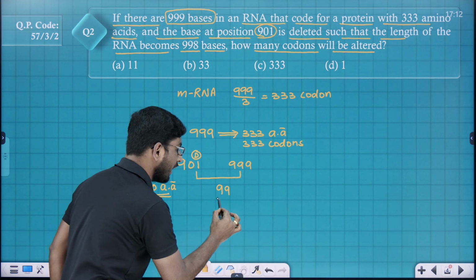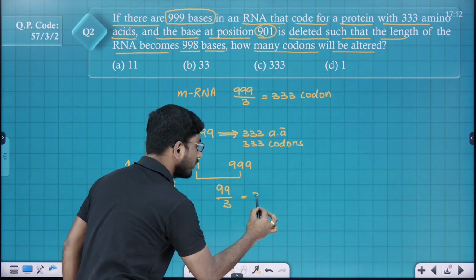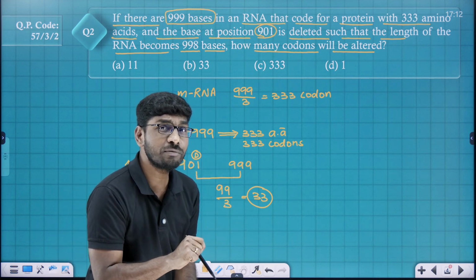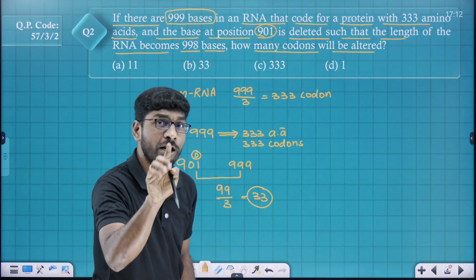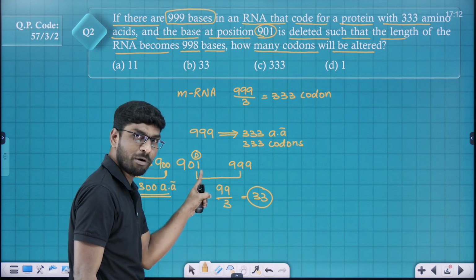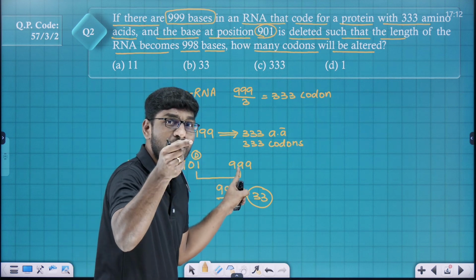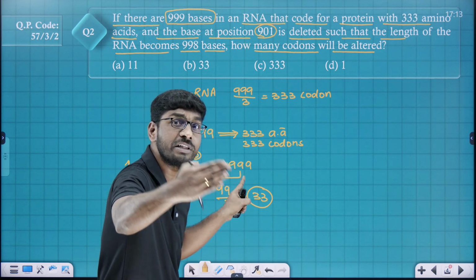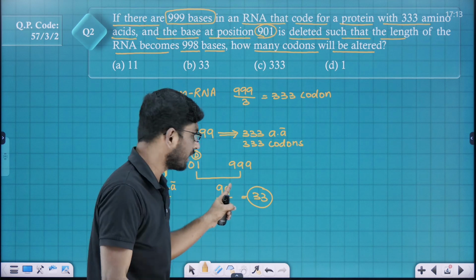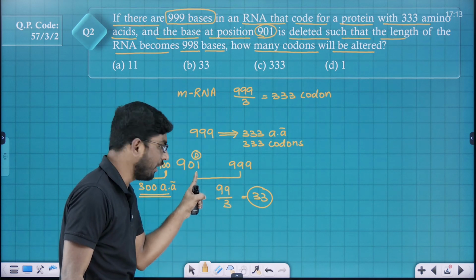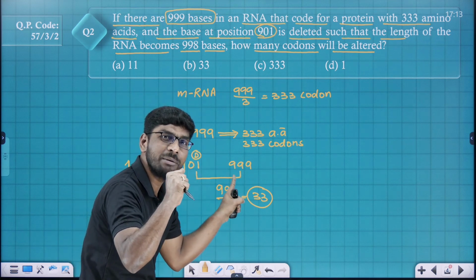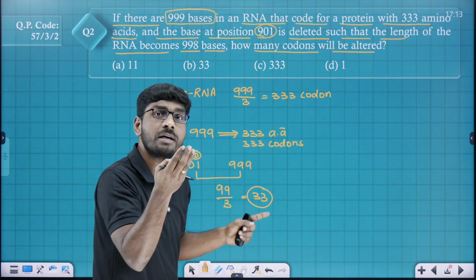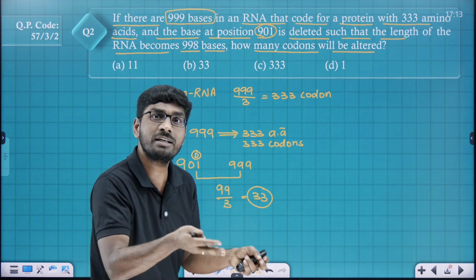Divided by 3, that means 33 codons will be affected. Why? Because of the problem at 901, we know frame shift mutation: wherever a deletion or addition occurs, from that place everything will be altered. So from 901 to 999, 99 nitrogenous bases are there, and 99 nitrogenous bases equal 33 codons or 33 amino acids.